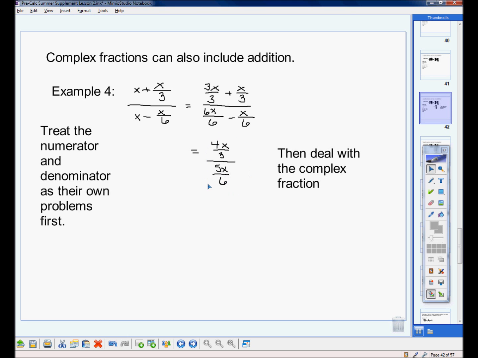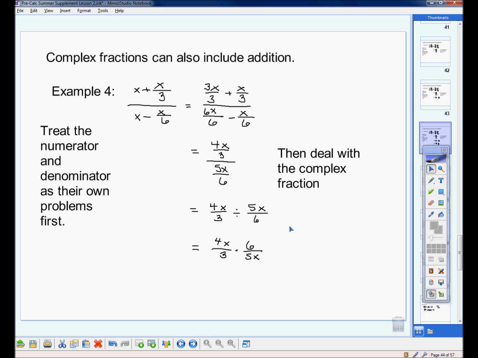After you've done that simplifying step, that's when we can deal with the complex fraction. So we rewrite, because this really means divided by. Rewrite it. Then you need to recall that the divided by for a fraction means that you multiply times the reciprocal.